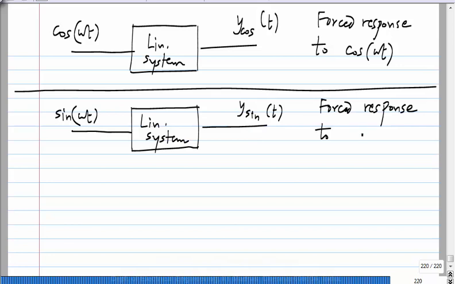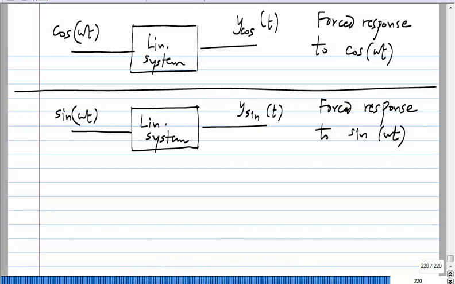This is the force response to sin omega t, okay. Then what? Of course, here also the next step is based on superposition.